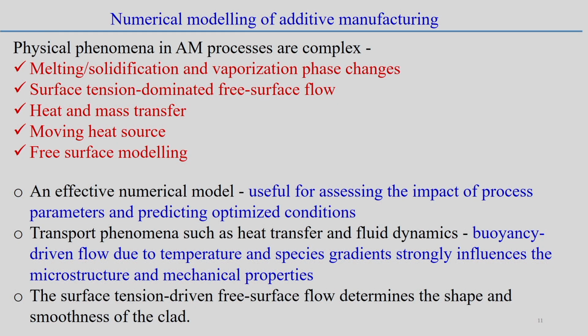For example, if the material is very superheated, then the surface tension becomes less, and the bead size can be different. But if the material deposition happens just above the melting point temperature, the surface tension can be different as compared to the very superheated material, and you can expect the bead shape to be different. That is why, to understand the bead shape, we need to look into the surface tension dominated free surface flow. That is very important in additive manufacturing to predict the free surface profile or bead profile in this particular process.